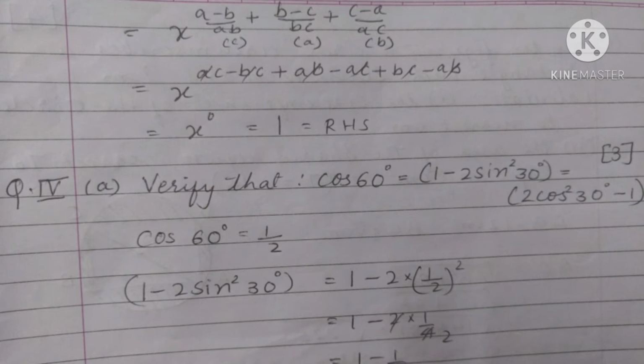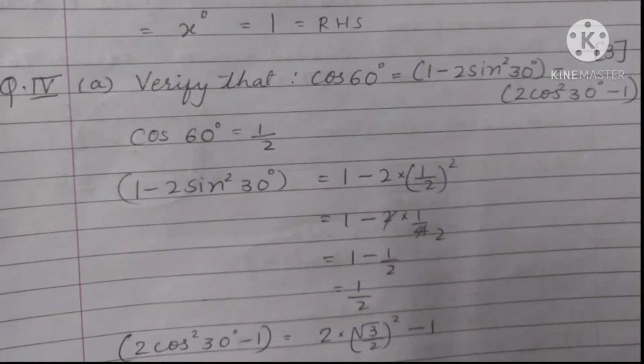So ac minus bc in the power plus ab minus ac plus bc minus ab in the power. So they all will get cut as plus minus. So x raised to 0, which answer is 1. So that is our right hand side.